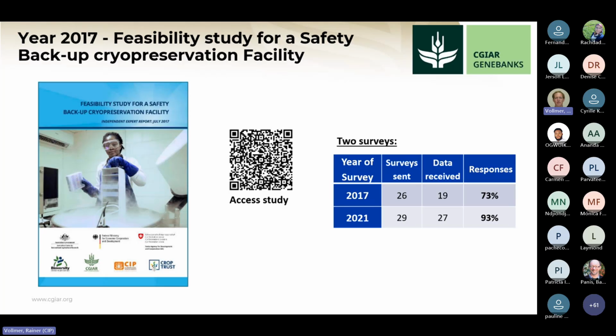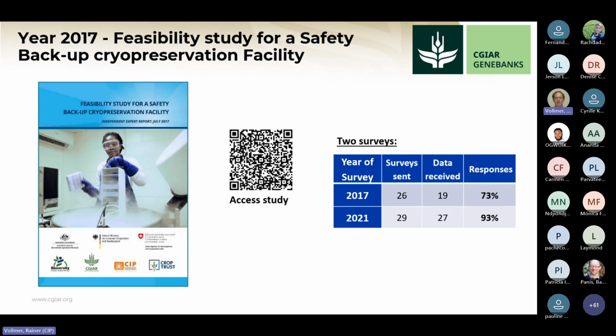This study was done in 2017, but then they made a second survey in the year 2021 and more institutions responded to this. I would like to share with you some of the results of this feasibility study. Again, you have the QR code in the middle. If you want to access this feasibility study, please read it and store the link.